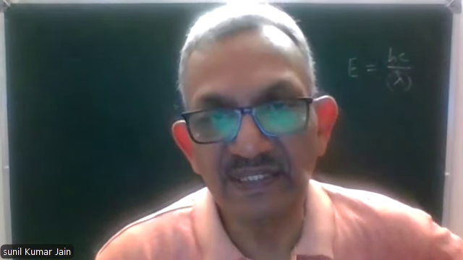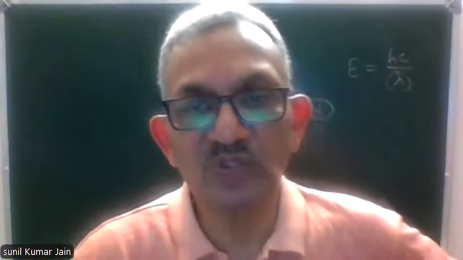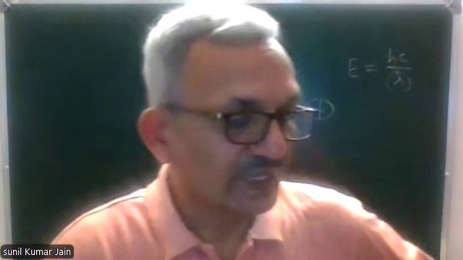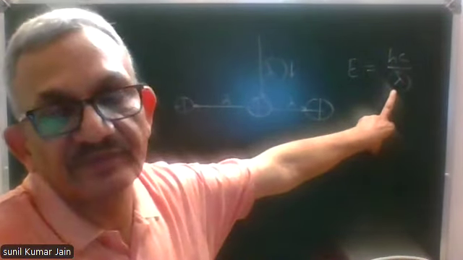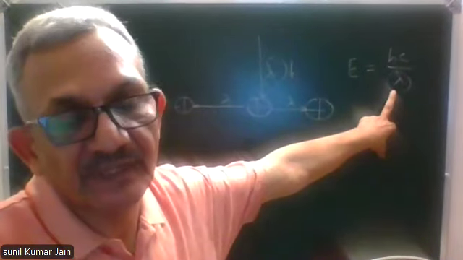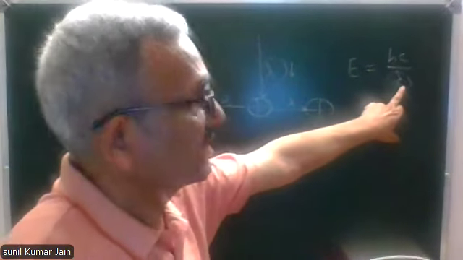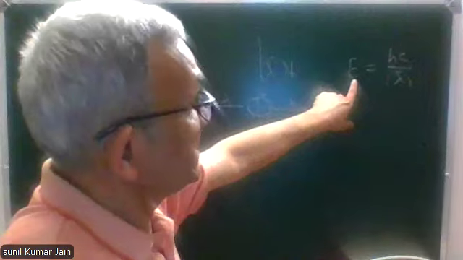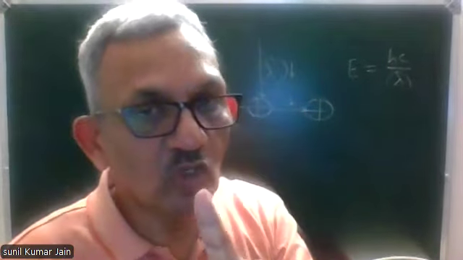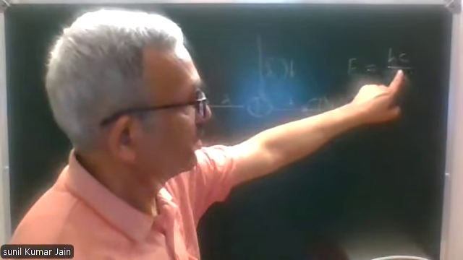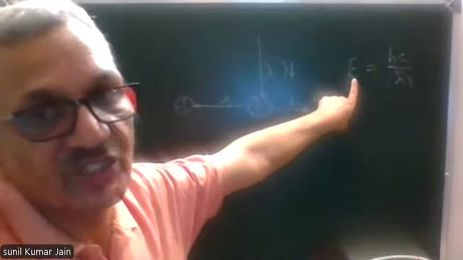To minimize this error, we can use a radiation of low wavelength, but according to, write this equation, E is equal to hc by lambda, photons of low wavelength will have high energy.